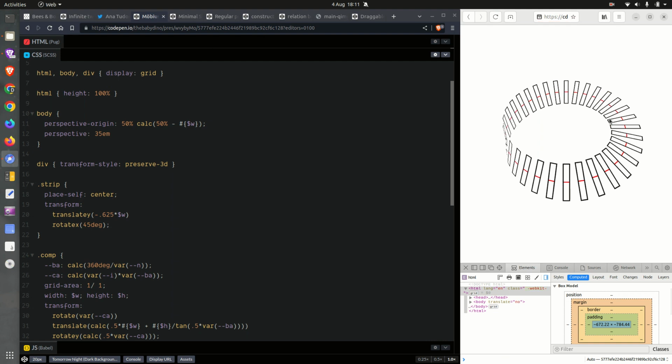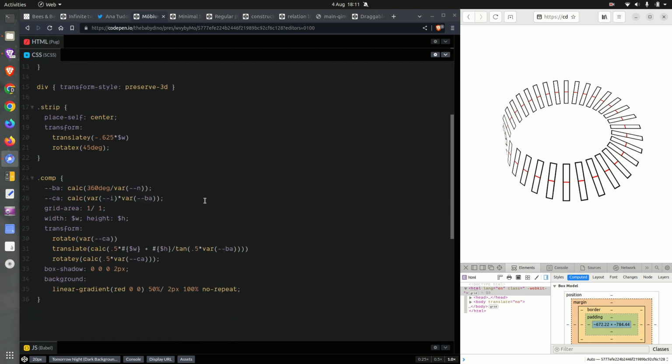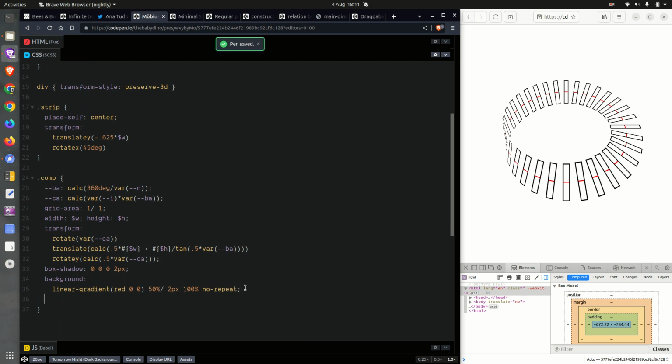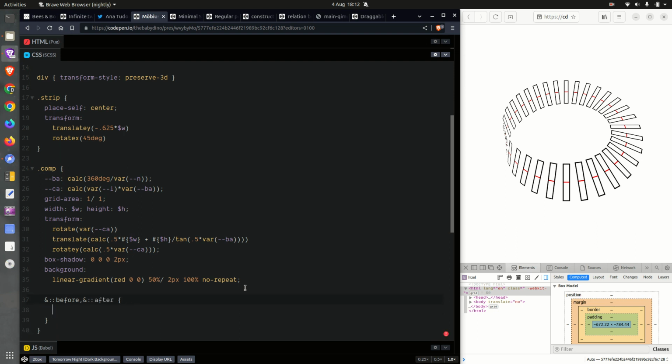Okay, much nicer. And I said something about pseudo elements. Let's do that. So we're going to have before and after. And actually these pseudo elements are also going to be stacked one on top of the other, covering the entire component grid cell.